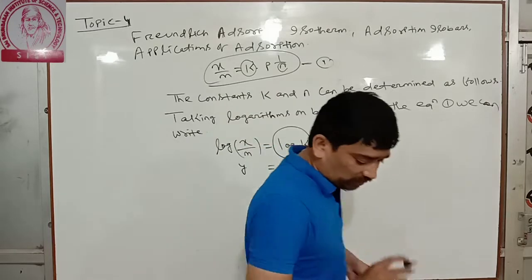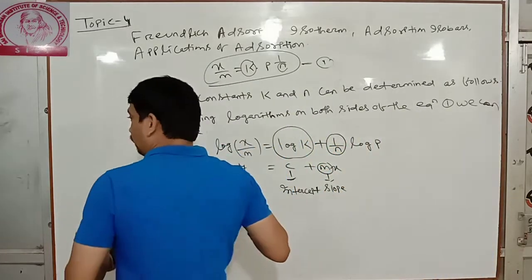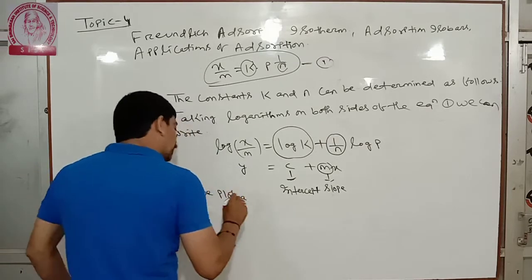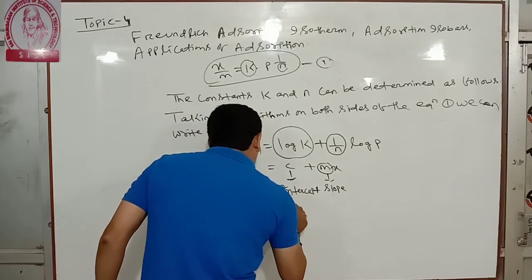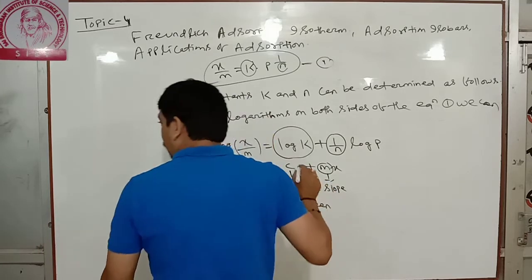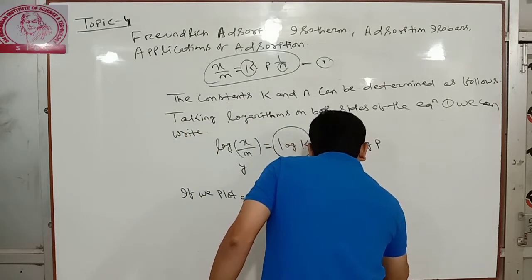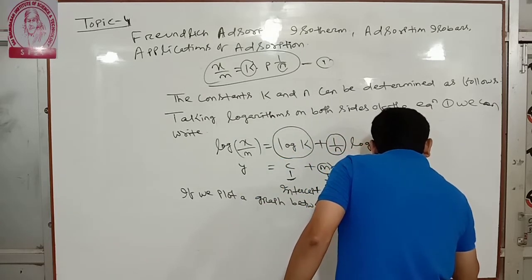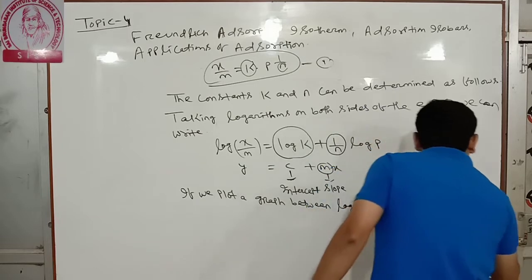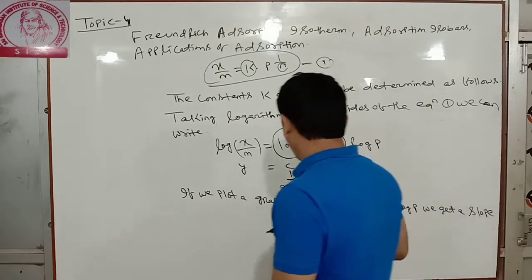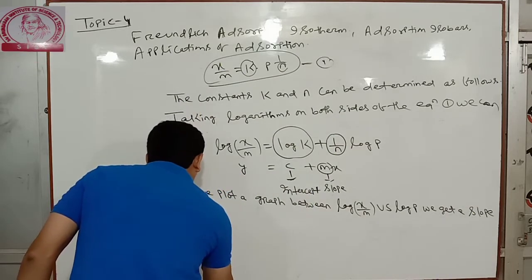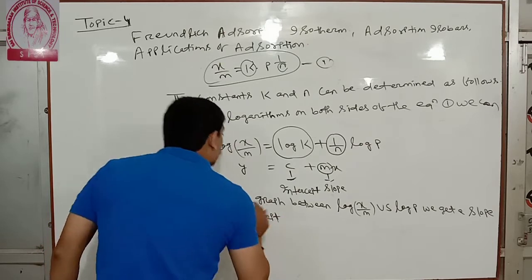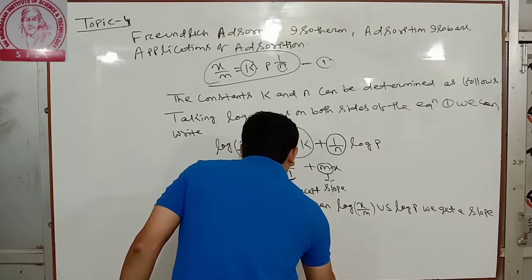So if we plot a graph between log x by m versus log p, we get a slope 1 by n and intercept log k.